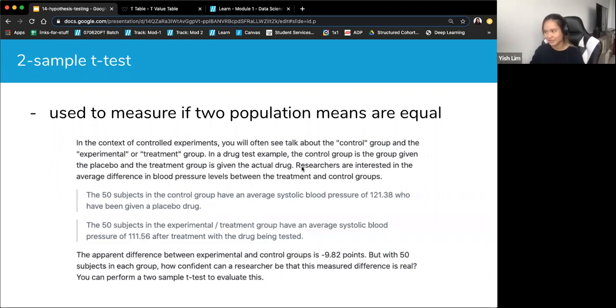So let's read this example. Control group and experimental treatment group, and so on. Researchers are interested in the average difference in blood pressure levels between the treatment and control groups. This statement is actually very important. It doesn't seem like it, but researchers are interested in the average difference in blood pressure levels. They didn't say whether the blood pressure levels will go down or go up.